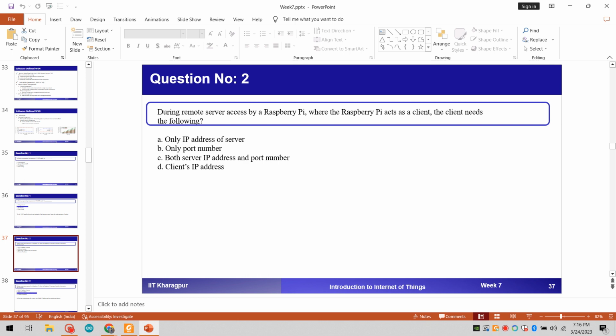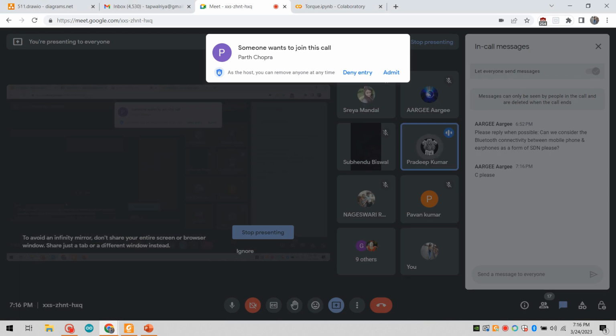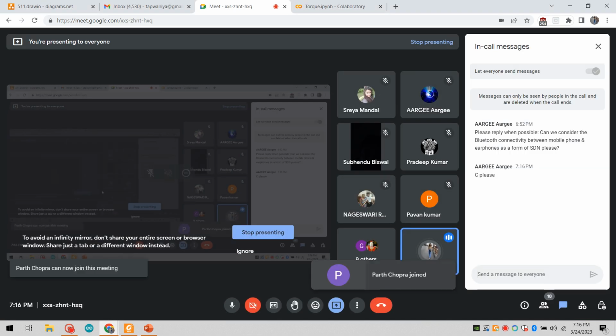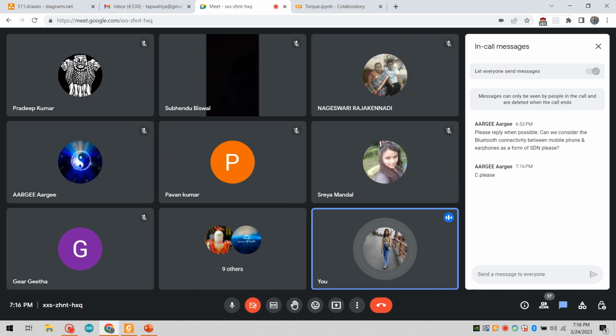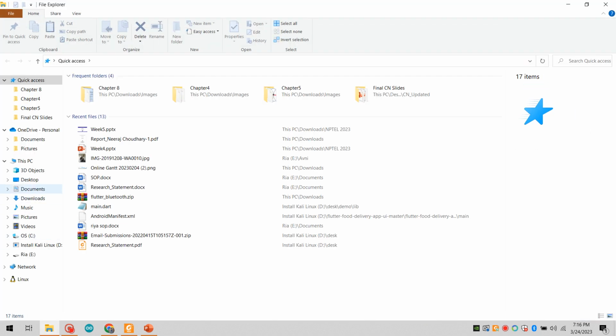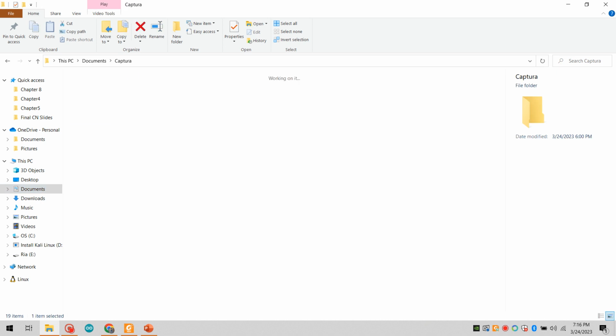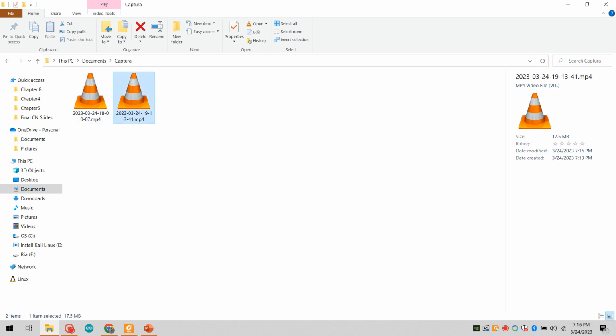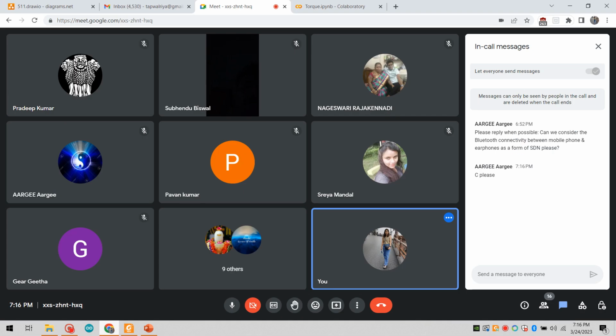Option C. Basically, whenever you are doing socket programming, in order to establish the connection between the server and client, you need the server's IP address and port number both.